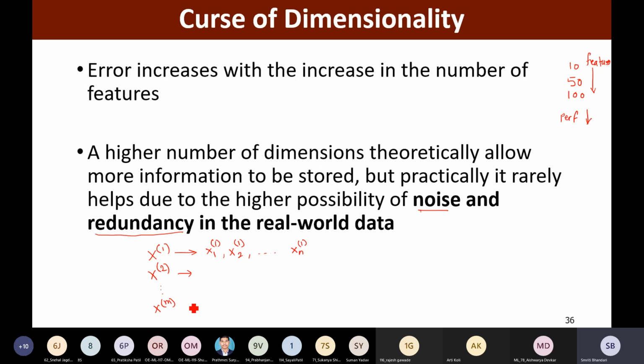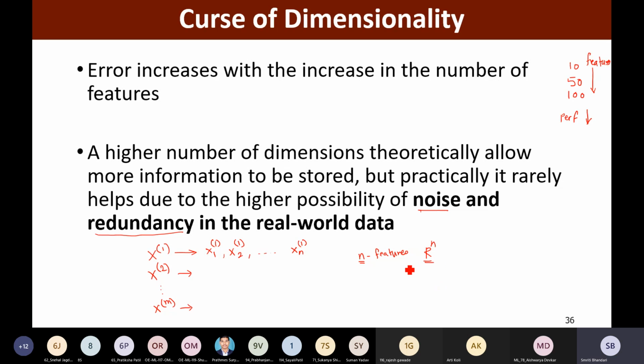Similarly, every instance is described with n number of features. Now, n features means our feature space is n dimensional.